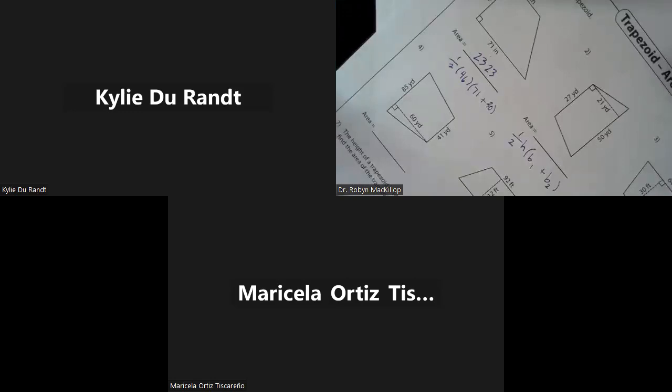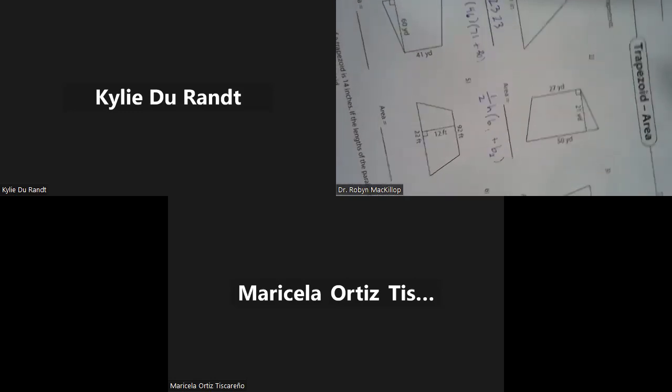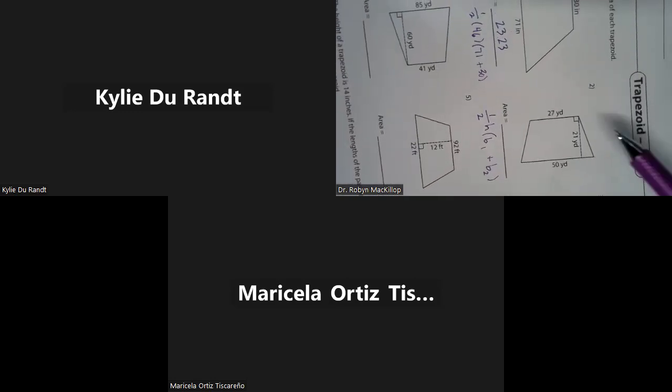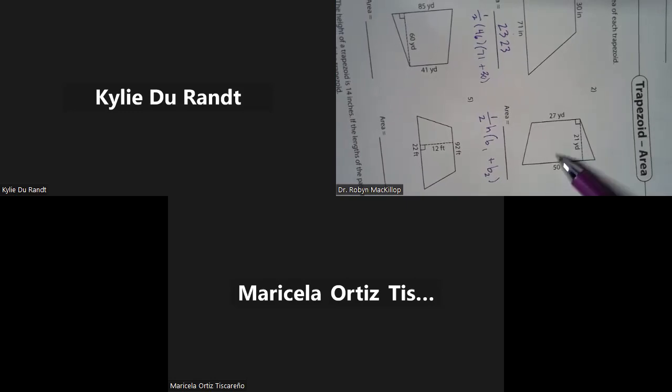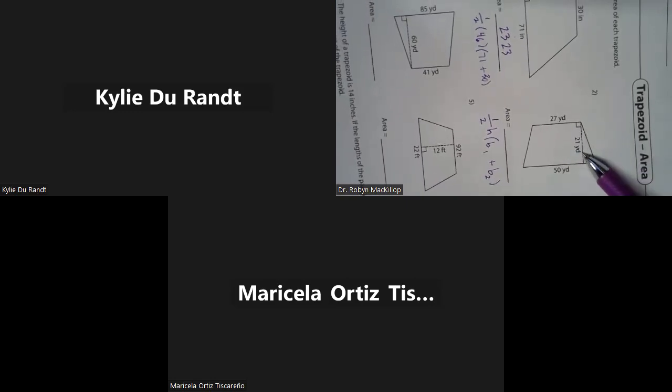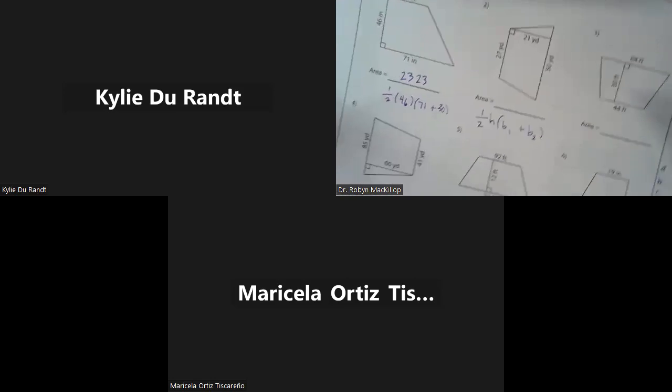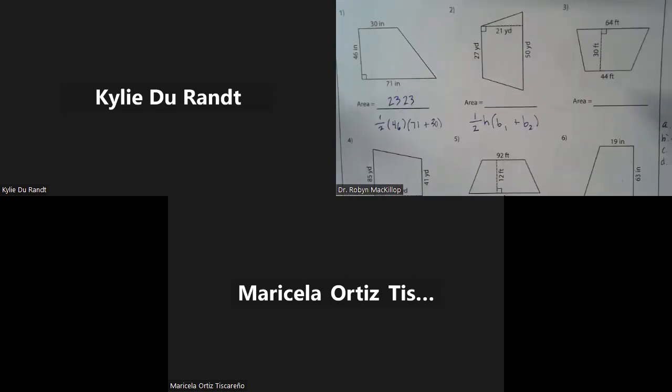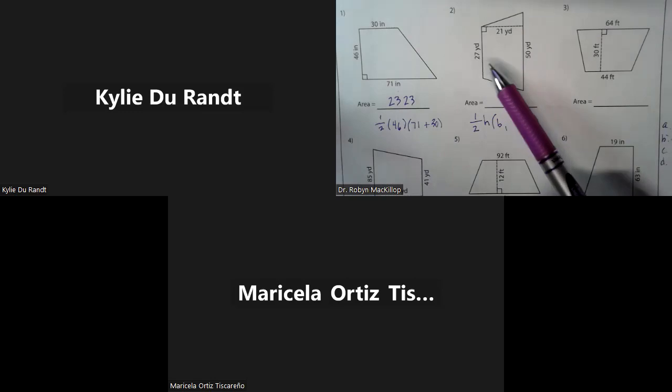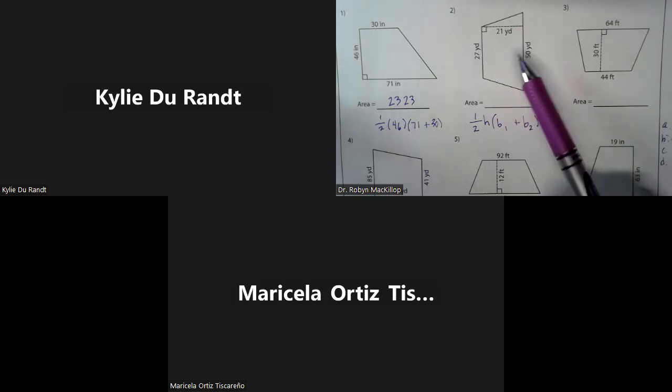I mean, if you wanted to make it look like a classic trapezoid, just turn it sideways. There's your base 1, base 2, and your height. But you know, if they can mess with you, they'll turn them counterclockwise. They'll stand them up on the point, but you just have to know your bases are always the parallel lines.